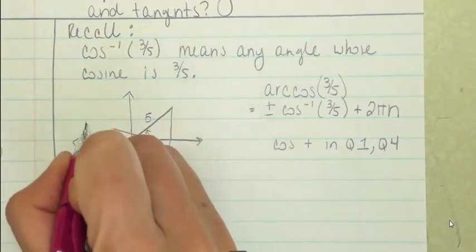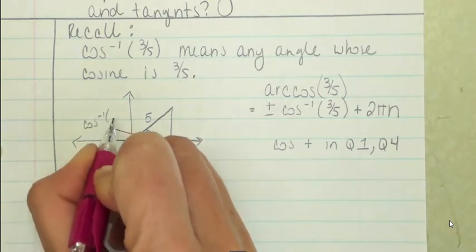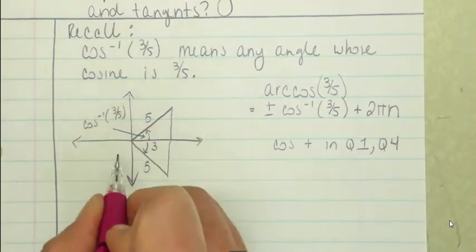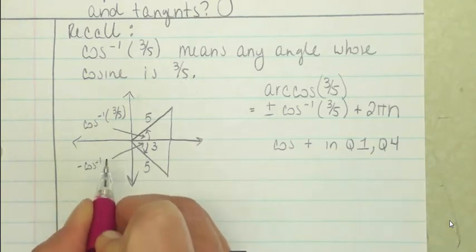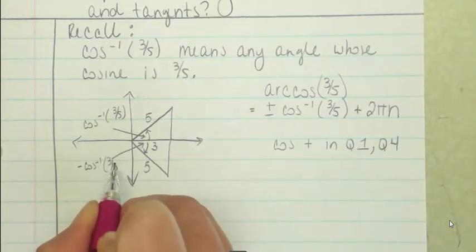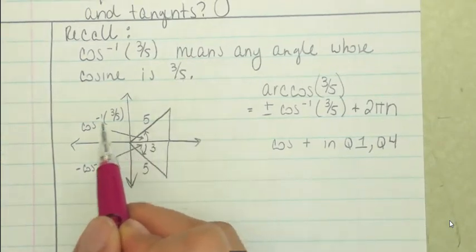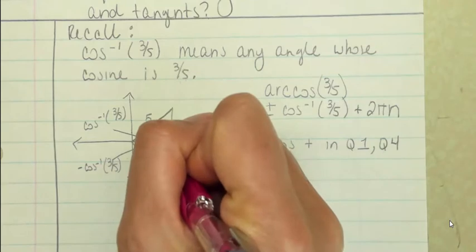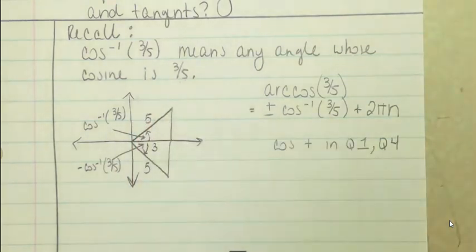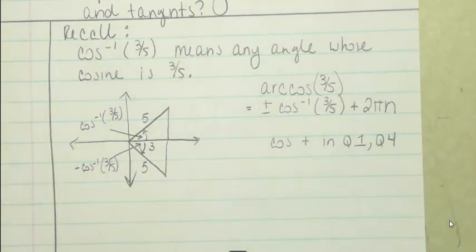So this is cosine inverse of 3/5. But this one here is the negative cosine inverse of 3/5. And then I can do any 360 revolution, or if we're talking about radians, then it would be 2 pi revolutions.